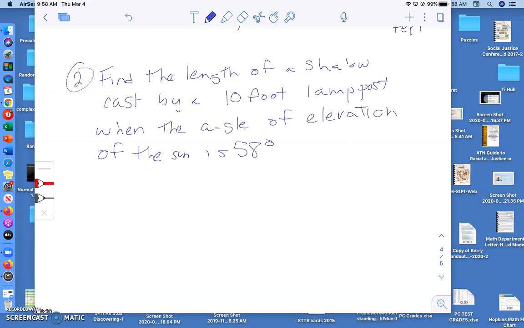Okay, so we have a 10-foot lamppost. We want to find the length of the shadow, so the shadow is on the ground, and the angle of elevation of the sun, so between the horizontal and looking up, is 58 degrees, because it's like we have the sun, happy sun right up there.